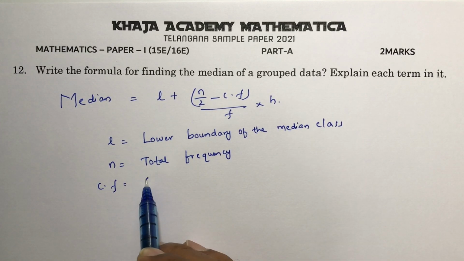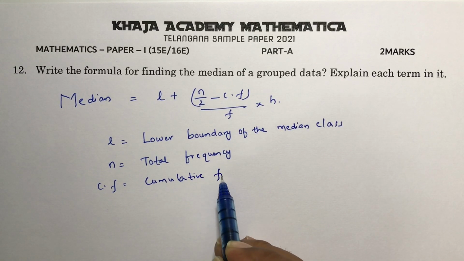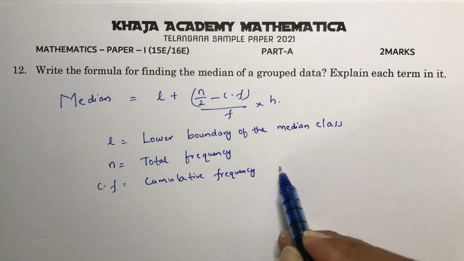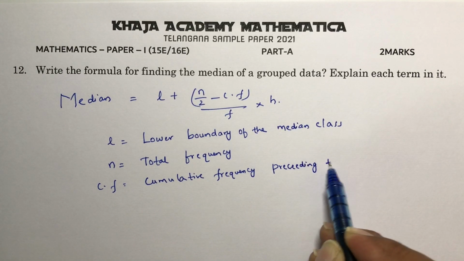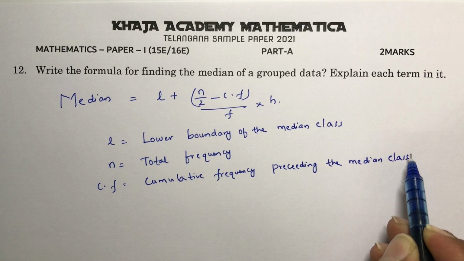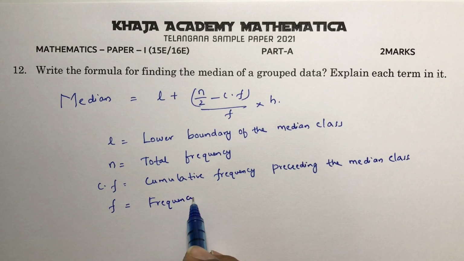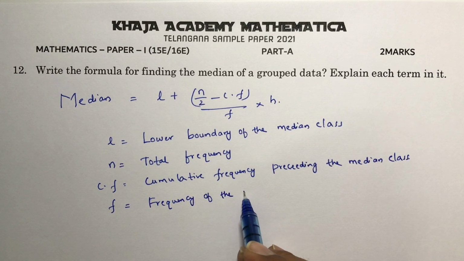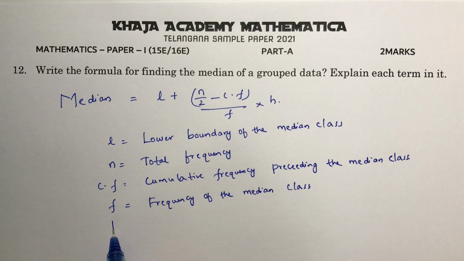Cf is cumulative frequency preceding the median class. And f is frequency of the median class. And h is class size or length of the class size.